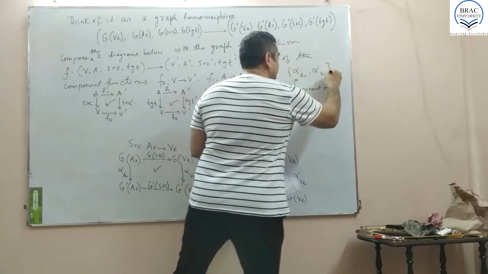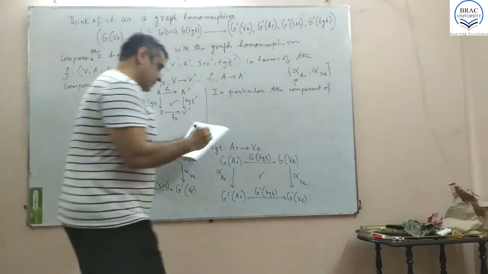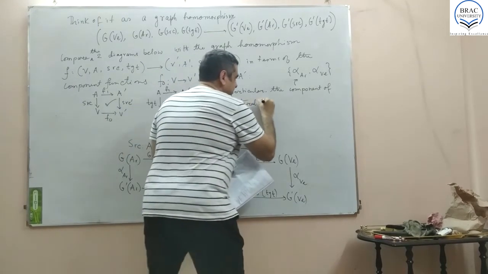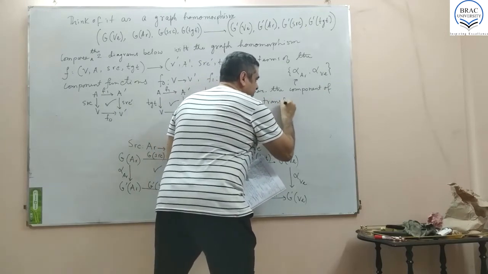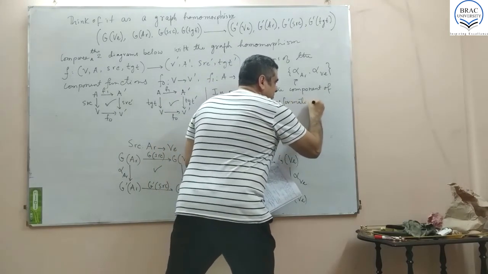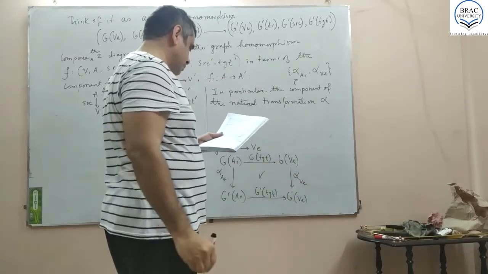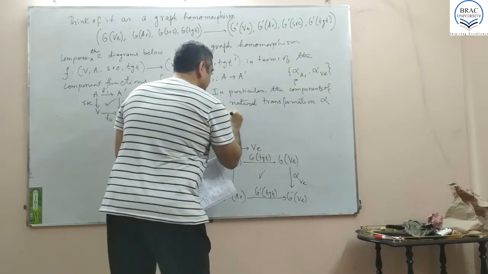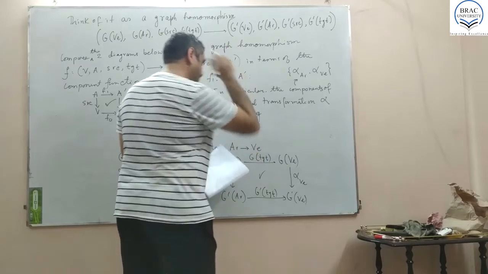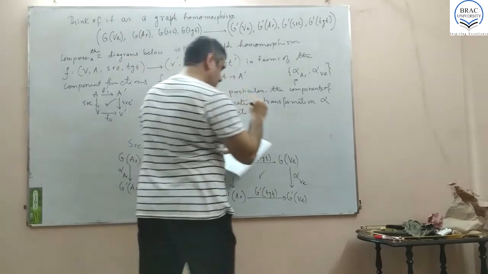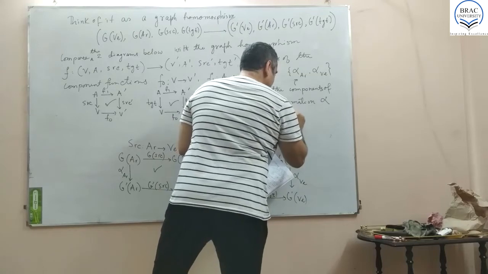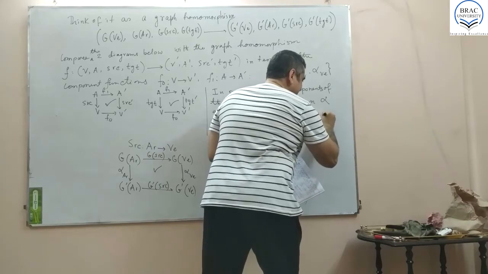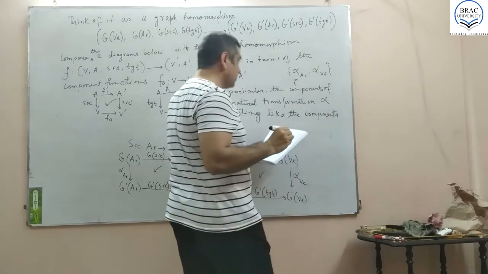These are the components of the natural transformation alpha, acting like the components of the graph homomorphism.